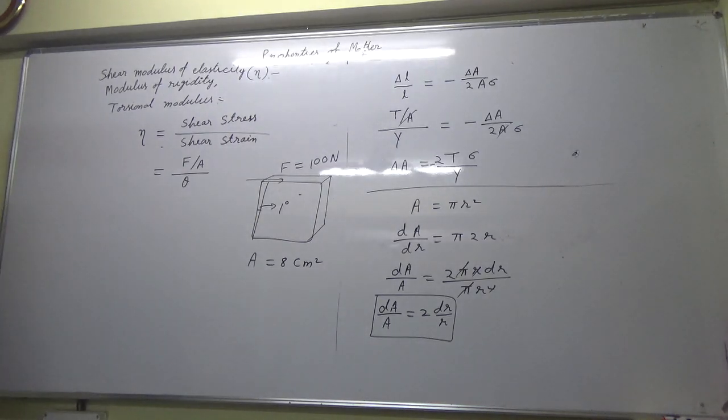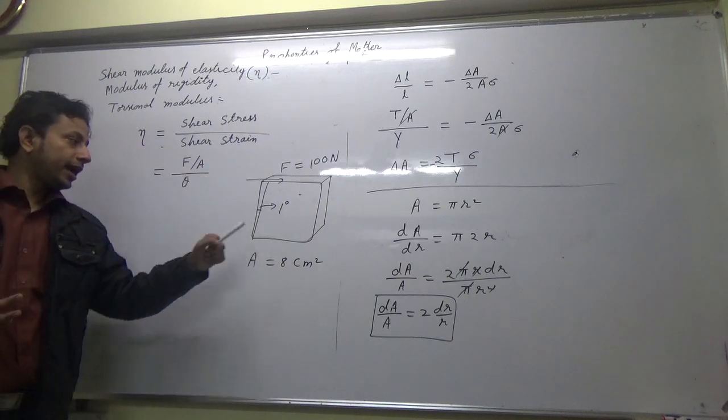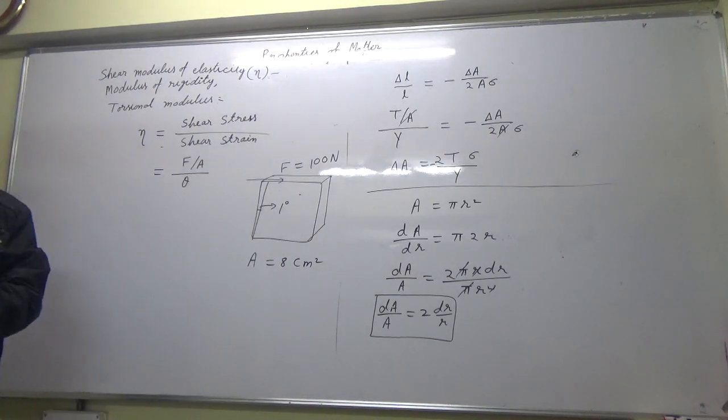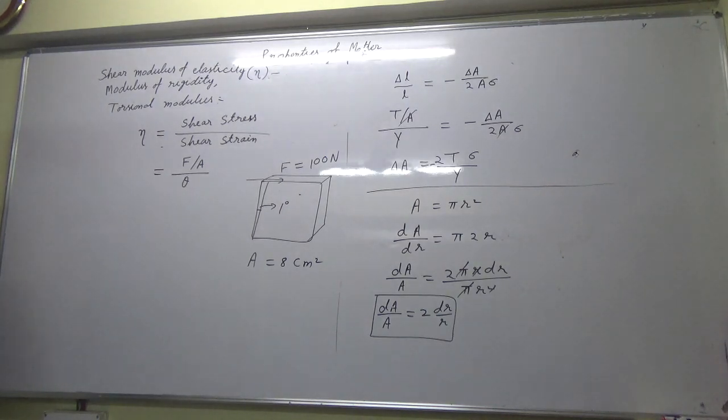What will be the shear modulus of elasticity for this object? We have an object of some material, a force of 100 Newton is applied parallel to the surface, and 1 degree of strain is developed. What will be the shear modulus of elasticity?